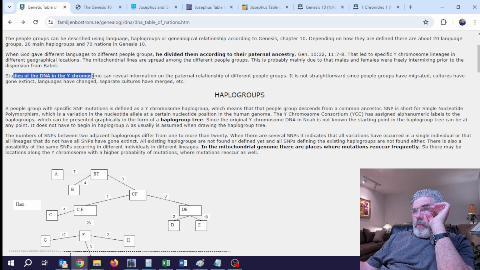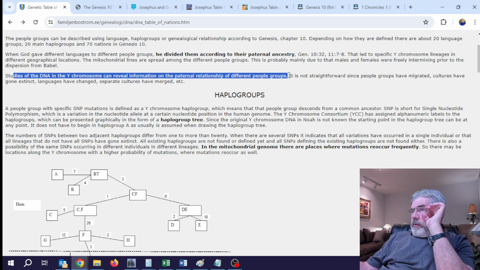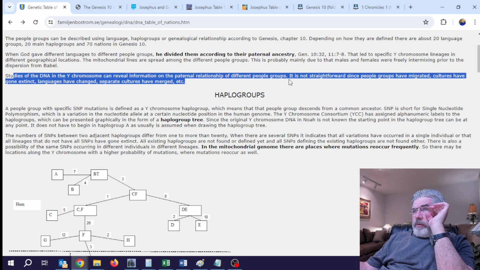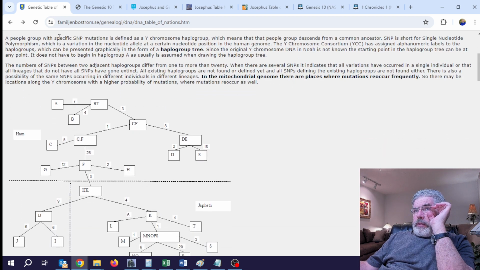Studies of the DNA in the Y chromosome, the one from your father, can reveal information on the paternal relationship of different people groups. It is not straightforward, since people groups have migrated, cultures have gone extinct, languages have changed, separate cultures have merged, etc. So the haplogroups are the labels that have been given to these different Y chromosome markers in your DNA.